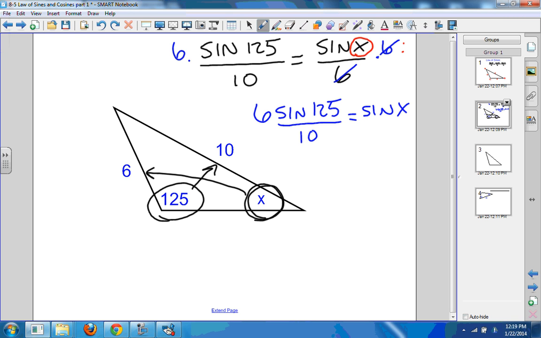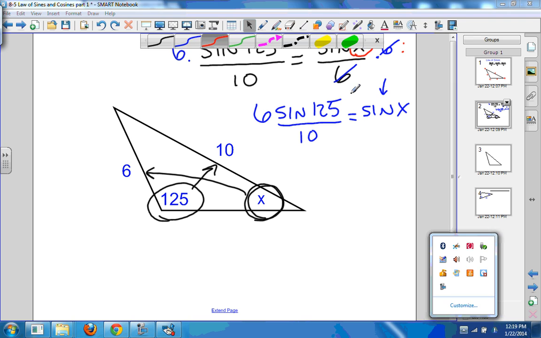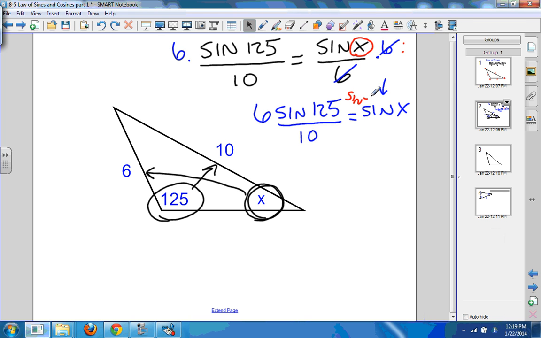So we still need to get rid of one more thing. We need to get rid of the sine that is next to our x. Hopefully you remember the opposite of sine is the arc sine. So we can take the arc sine of both sides. I'll write this in red here. I'm going to take the arc sine, sine to the -1, of this side, and the arc sine of the left side. We know the arc sine and sine cancel out.